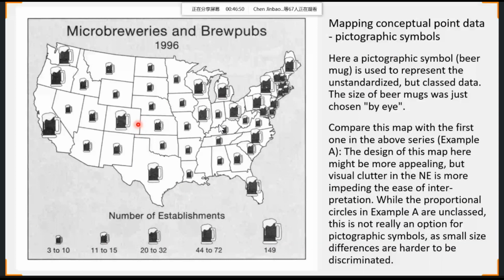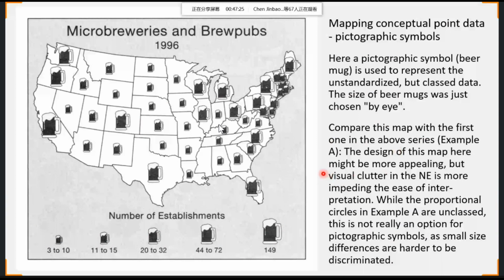So it's better to have only these 5 fixed sizes of the beer mark, representing certain value ranges here. Otherwise, the map cannot be read. The size of beer marks was just chosen by eye, so just 5 different sizes that can clearly be discriminated. And you can compare this map with the first one in the above series, example A.